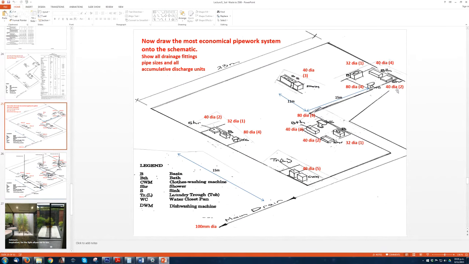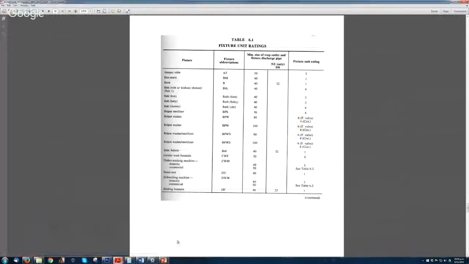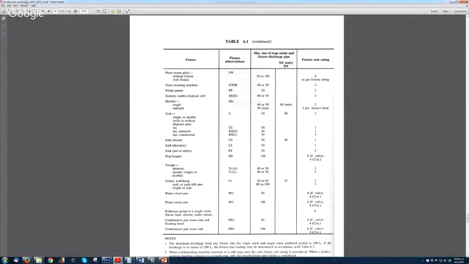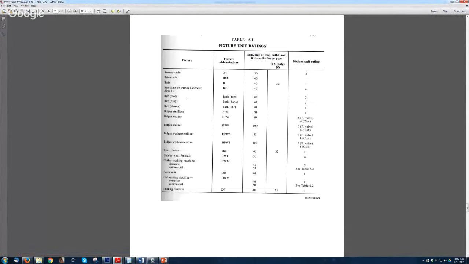Separate. Okay. So you have to use the one that's the 2 for the shower, like shower single 42. 42, yeah. Bath with or without shower. Oh, right. Okay. 4. Yeah. I guess bath shower is when you get both in it, you get the shower head inside as well. Yeah.